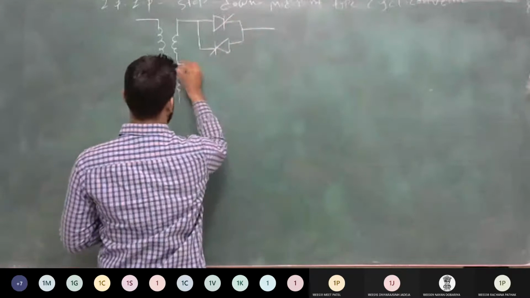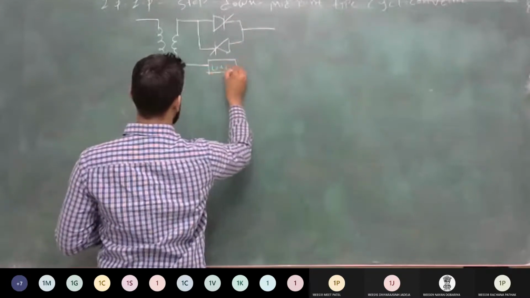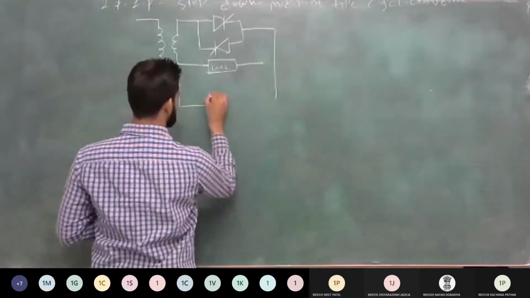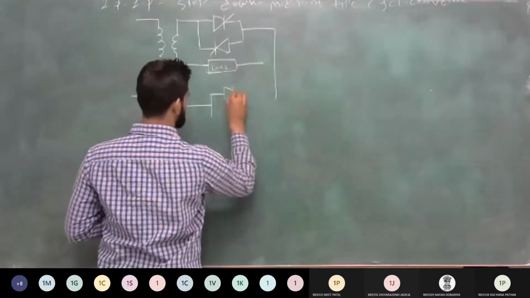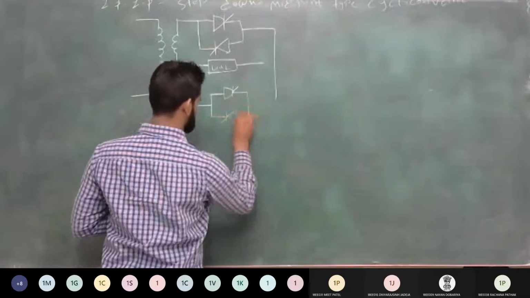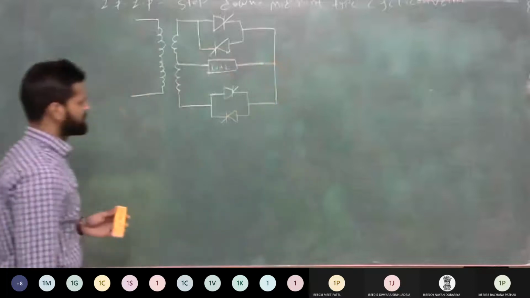Then at the center of this transformer we have the load. Here there is another anti-parallel thyristor, and this is the load.